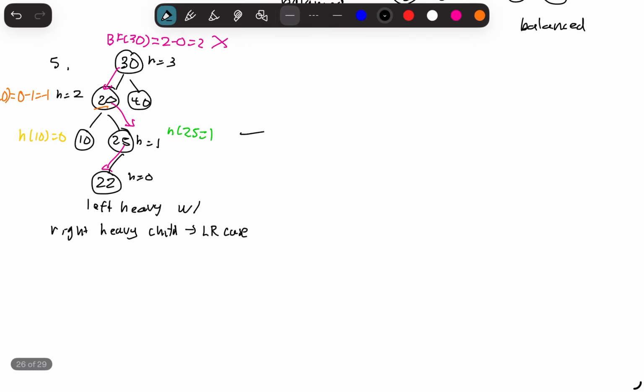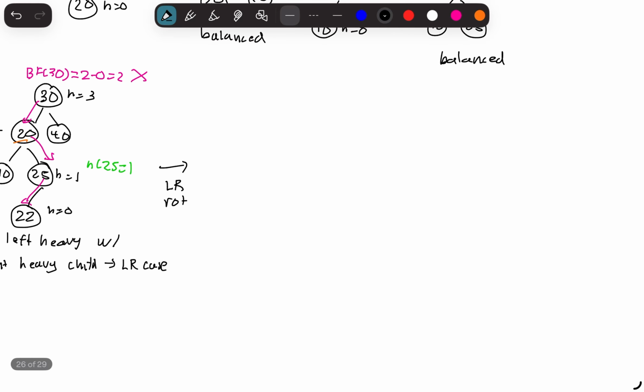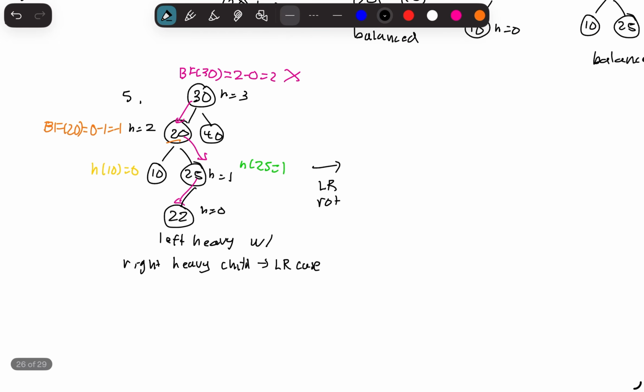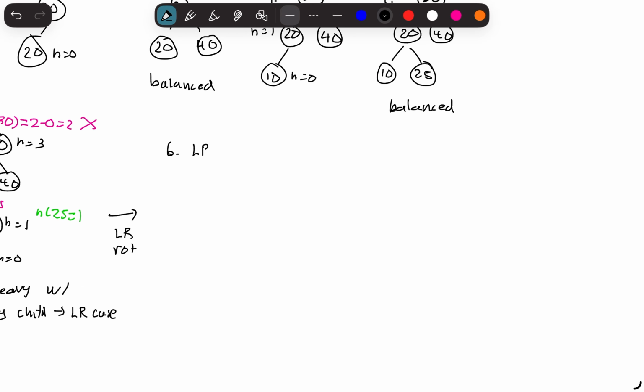So now you have to do the left-right rotation. First, you're going to left rotate at 20. We're going to call this step 6. And then for step 7, we're going to have a right rotation at 30.